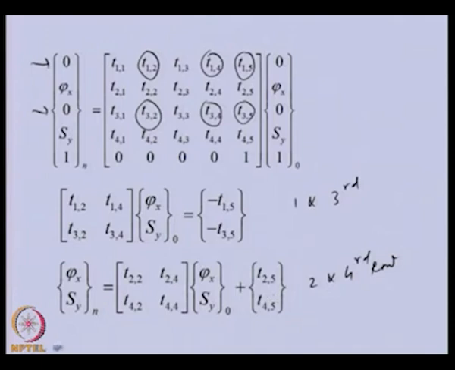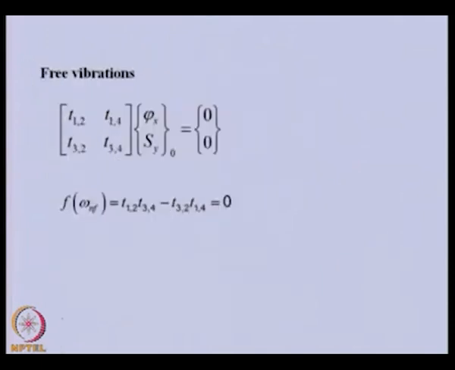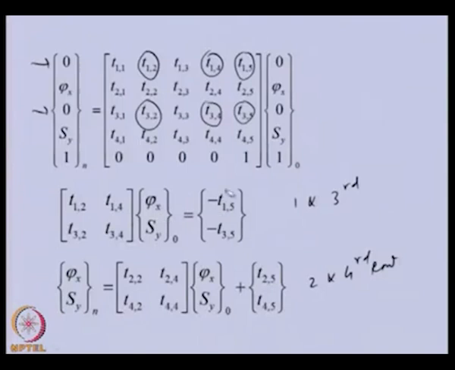Now, if we are dealing with free vibration, then in this equation, as I told, these terms are coming from the unbalanced component here, so these terms will be 0. Here also these terms will be 0, but if you compare these two equations, this equation is a homogeneous equation if we equate this to 0 for free vibration.